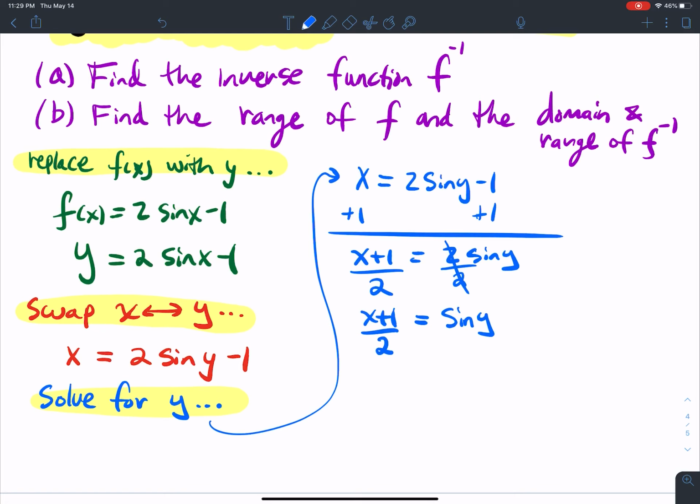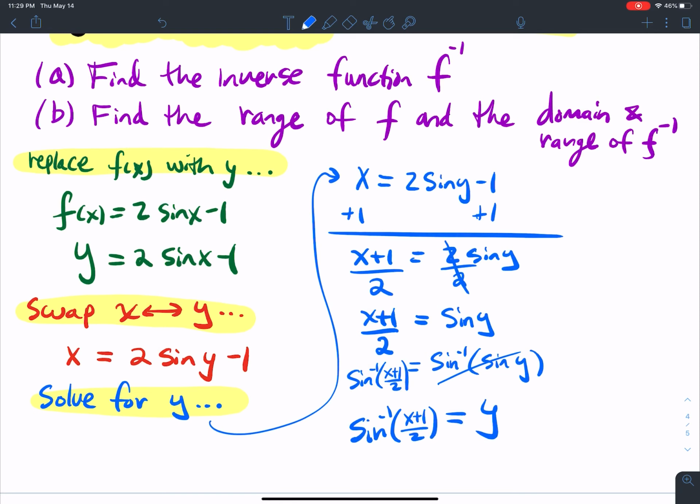To get y by itself, I need to get rid of the sine function. The inverse sine will help me do this. Inverse sine of sine y gets me inverse sine of x plus 1 over 2. These cancel, so I have y is equal to sine inverse of x plus 1 over 2.